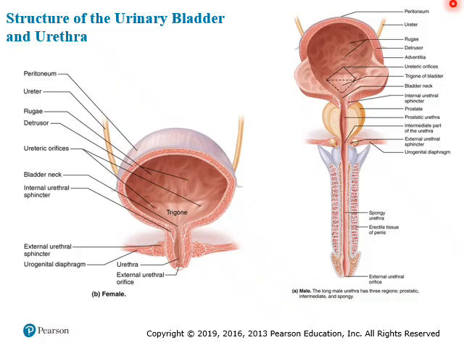The male urethra carries semen and urine and has 3 named regions. The prostatic urethra is named so in this particular area where it is surrounded by the prostate gland. Then it becomes the membranous urethra right here, in this very small area, the intermediate part between the prostate and the penis.